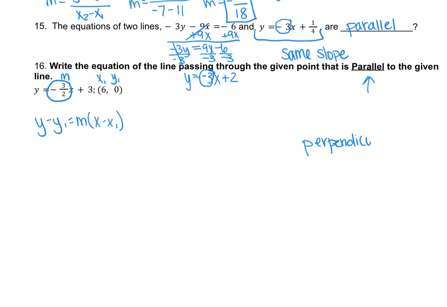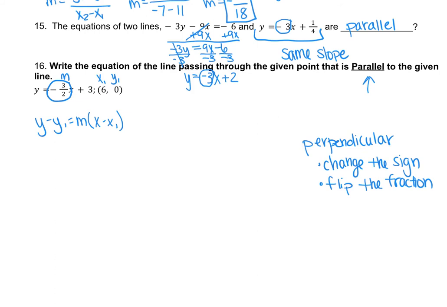Perpendicular. You change the sign and you flip the fraction. Now again, this one's asking for parallel, so we don't need to do these extra steps, but just in case that they're asking for perpendicular, those are the steps you need to take with that slope.